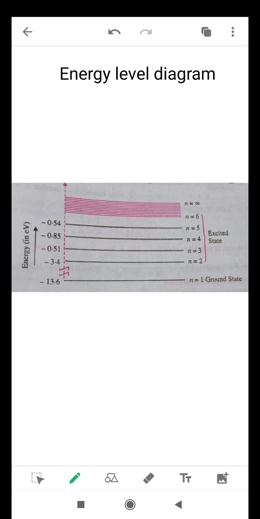Now for the excited states, like n equal to 2, the first excited state, n equal to 3, the second excited state, and so on up to infinity. See the corresponding energy values.